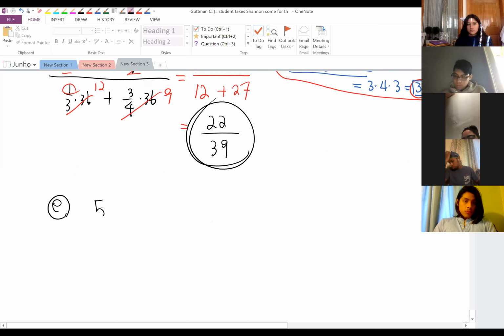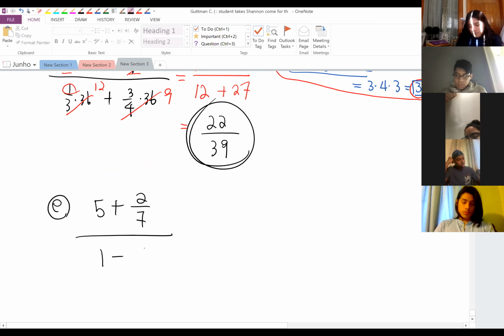So 5 plus 2 over 7, over 1 minus 3 over 5. In this case, did you find a common denominator? No? Okay. Now, 5 and 1, can you rewrite them in fraction form? 5 over 1.